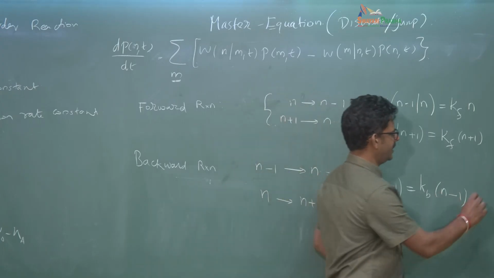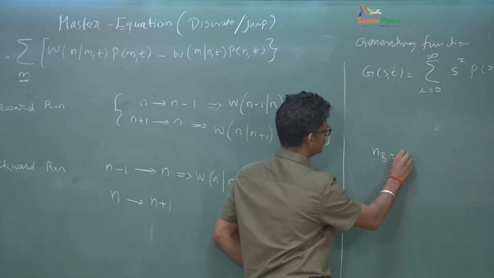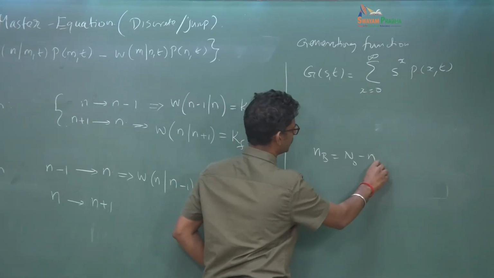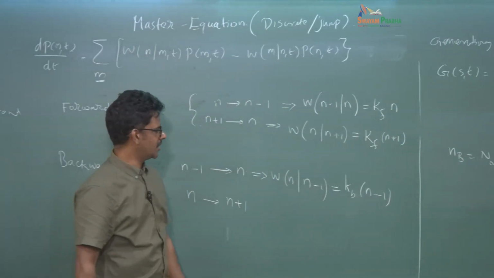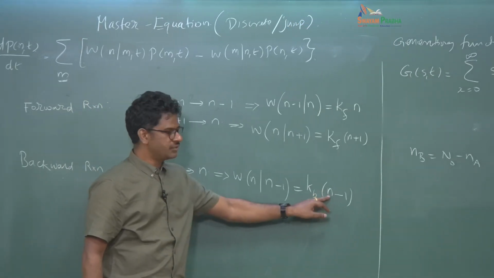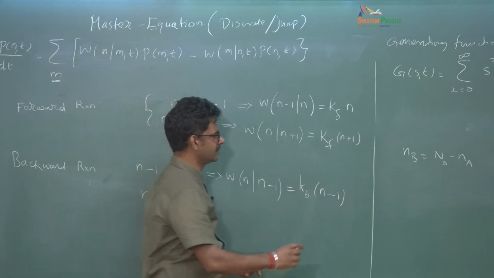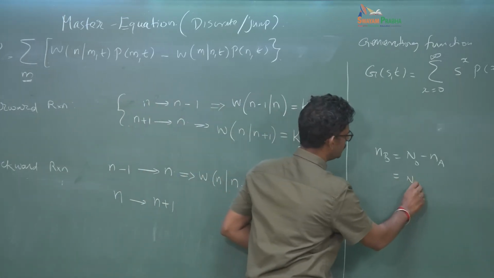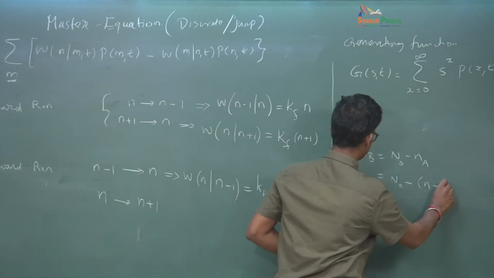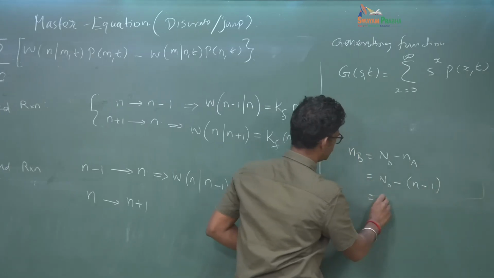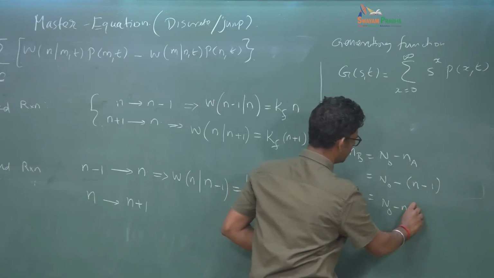Note that Nb is equal to N naught minus Na. Now I am interested in, if the number of molecules of A is n minus 1, what would be the number of molecules of B? That would be N naught minus (n minus 1), so this is N naught minus n plus 1.